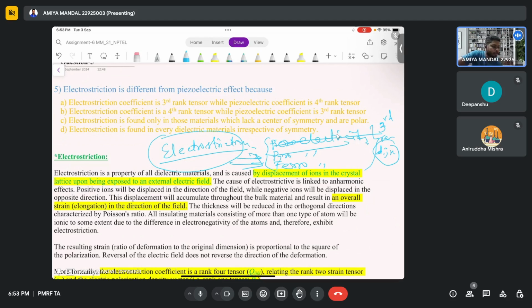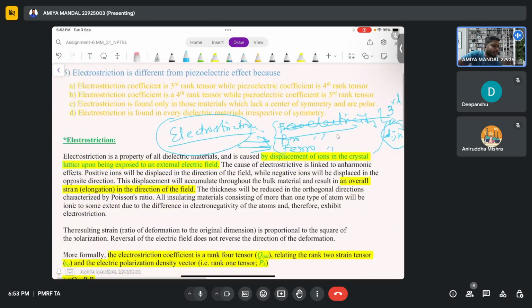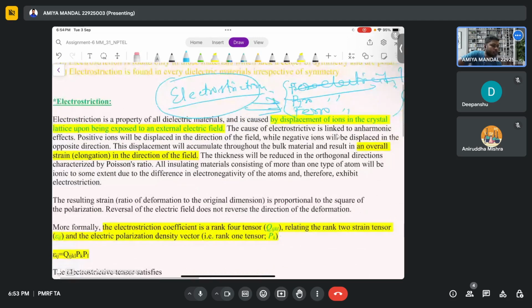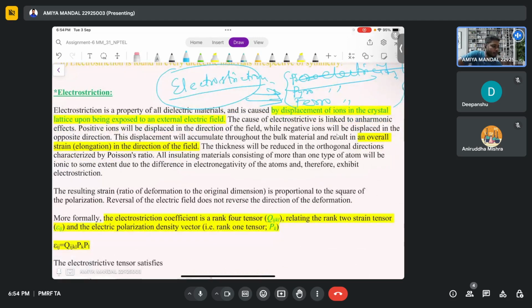So let's try to understand what electrostriction tells us. Electrostriction is a property of dielectric material which is caused by displacement of ions in the crystal lattice upon being exposed to an external electric field.